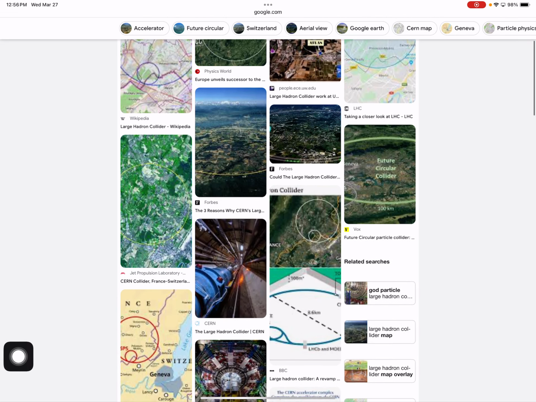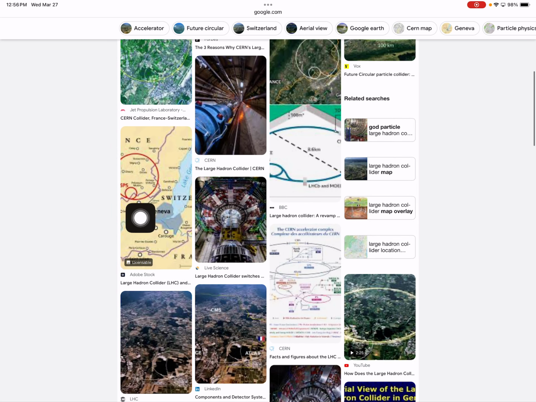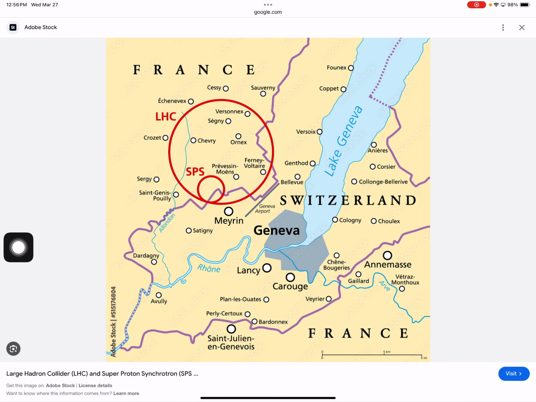And let's see where the detectors are placed. They place the detectors at various locations. They'll make a beam of protons, and the proton beams collide at the detector, and here's what they do.